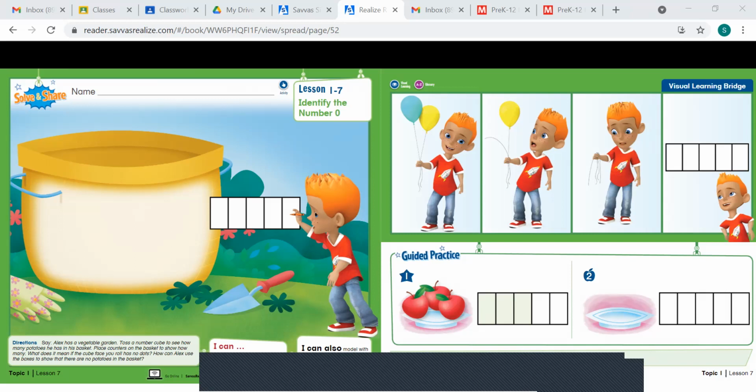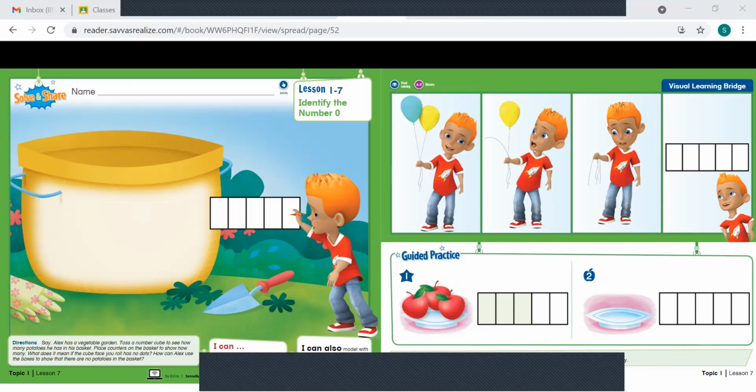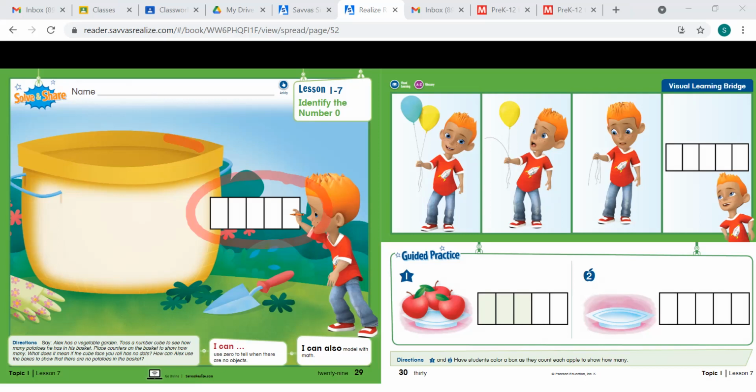No counters means what? There are no potatoes. So if there are no counters here, we leave these boxes blank to show 0. All right, so that is how we show 0. No colored boxes, showing us no potatoes here.